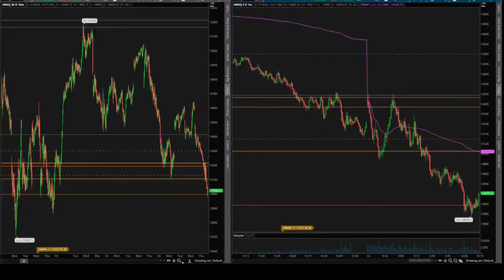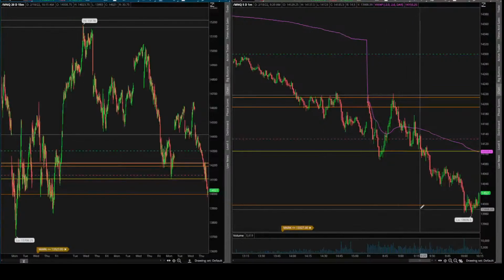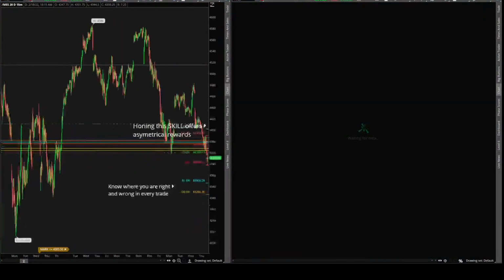Remove. Right there. Yeah, that makes sense. All right, getting a little bit of bounce here on the NASDAQ. Trying to get above 50.